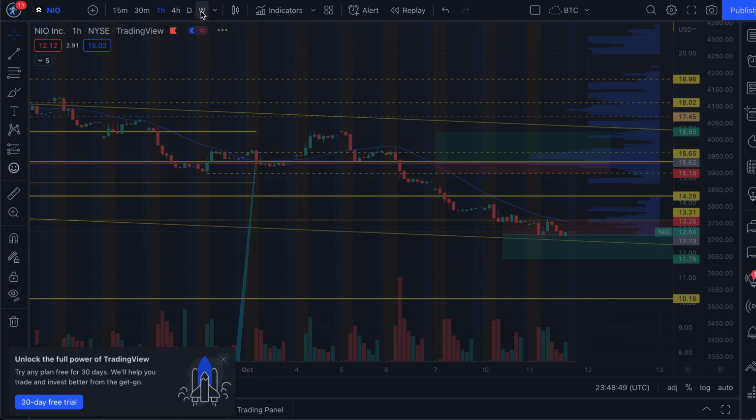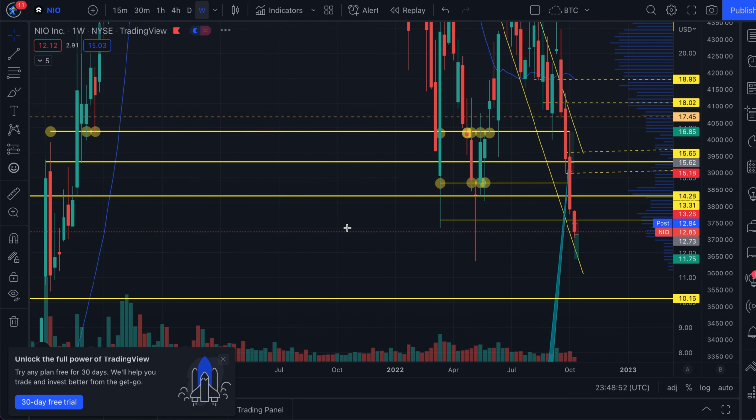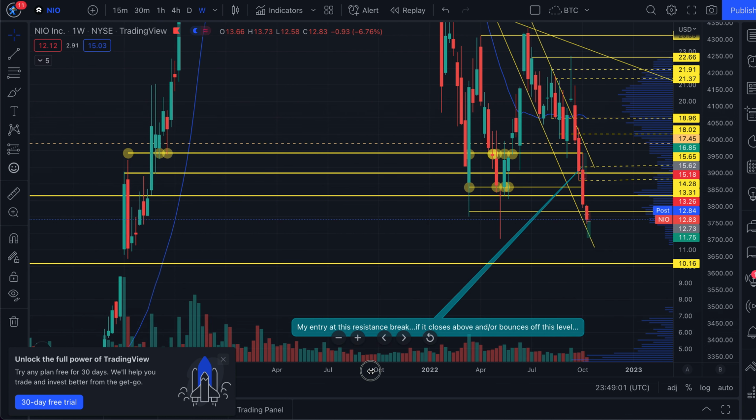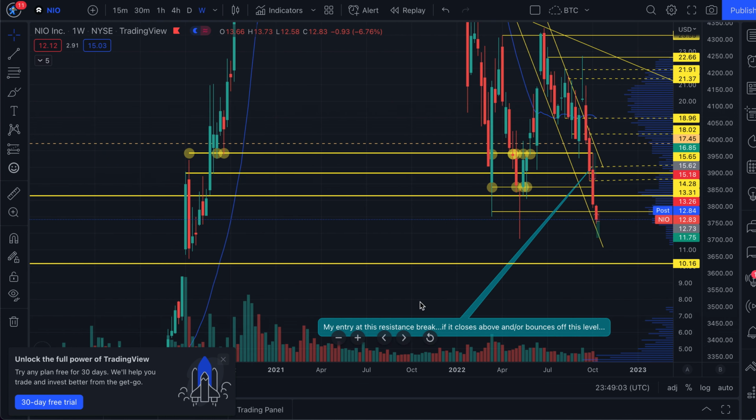Sure, let me go to the weekly. So here we are on the weekly levels. There's our 1016 level, which is way down low. I'm pretty sure that we could find a different level a lot closer to where we are.